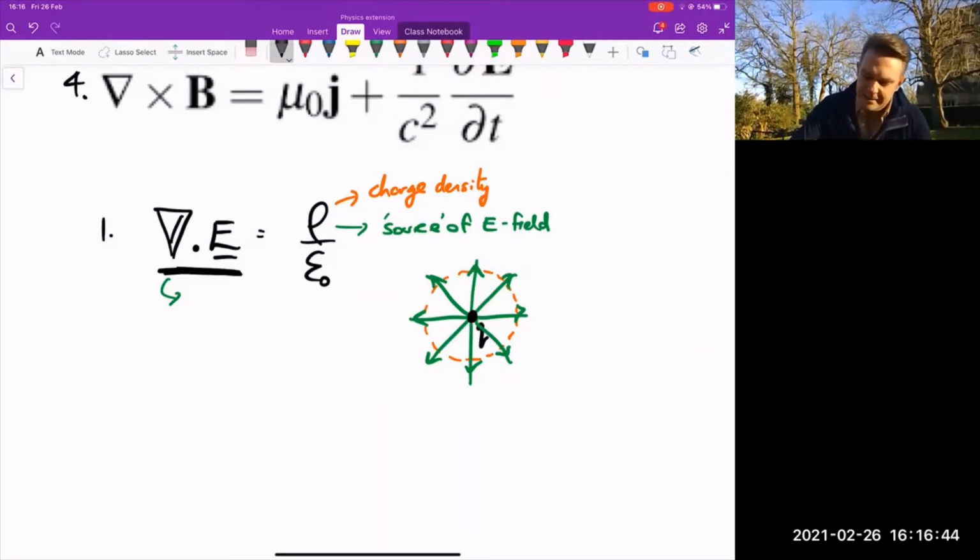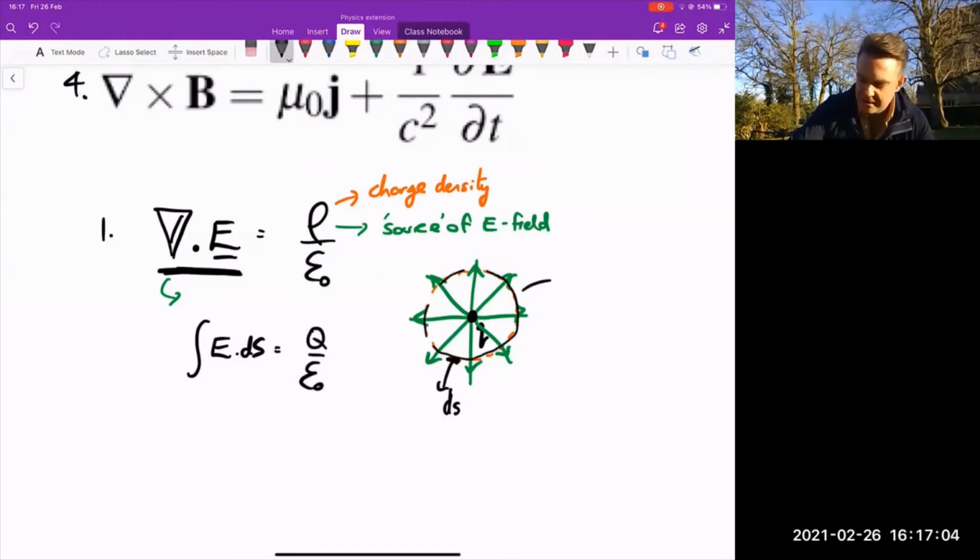In fact, you can rewrite this equation, and you can go check a math textbook, in an integral form, which is the integral of E dot dS, where dS is an element of this surface area, equals Q over epsilon naught. And of course, if the whole surface is a sphere, then S is 4 pi r squared.